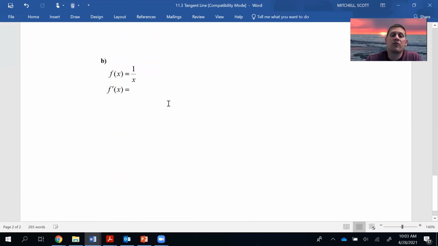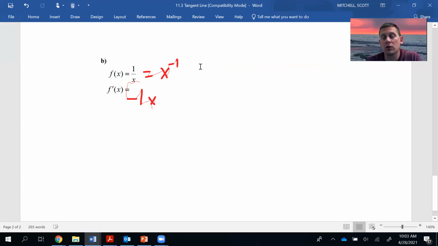Okay, so for letter B, again, we're finding the derivative. We need to change it and pull it on the top. So it's going to be x to the -1. Got to pull it on the top to find the derivative. So I do that. So now we're going to take our exponent times our coefficient. So that's going to be a -1. We keep our variable. Take 1 away from -1.